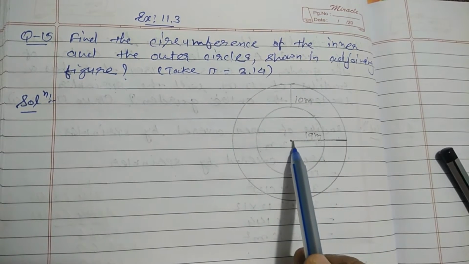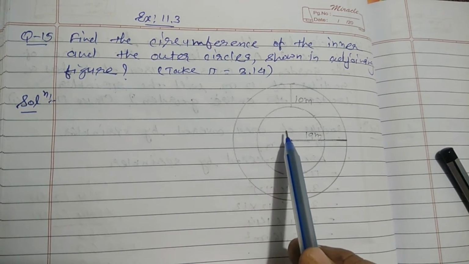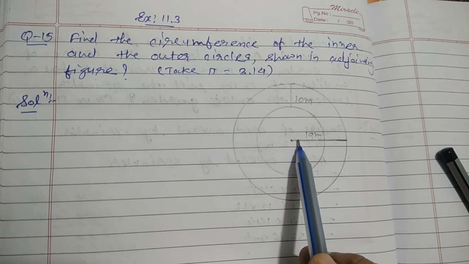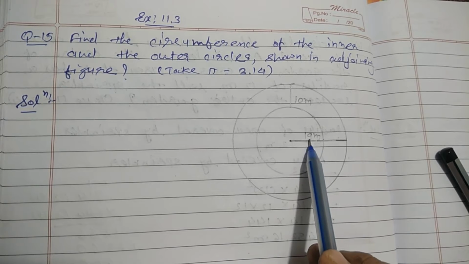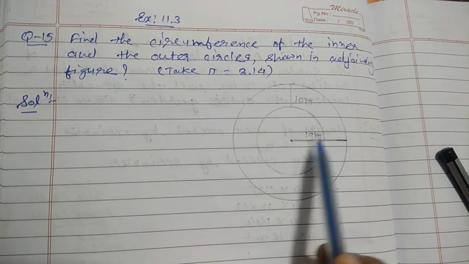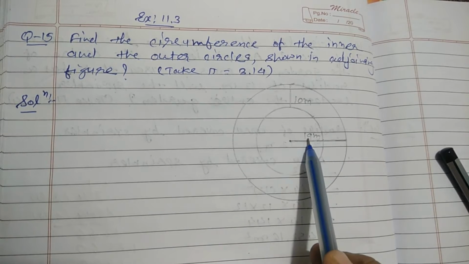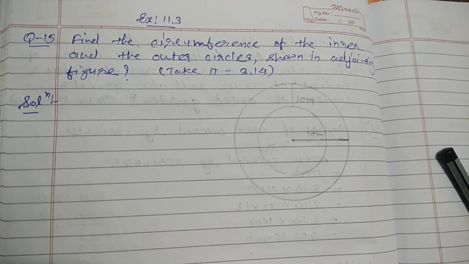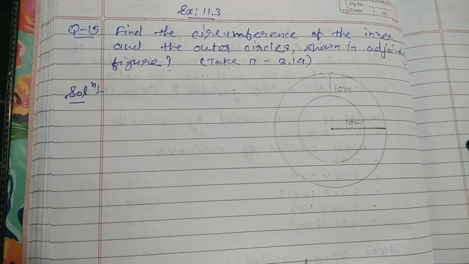So to find the radius of the inner circle, we have to do the radius of the outer circle minus this 10 meter, and we will get the radius of the inner circle, that is 9 meter. So first we will find the circumference for the outer circle.